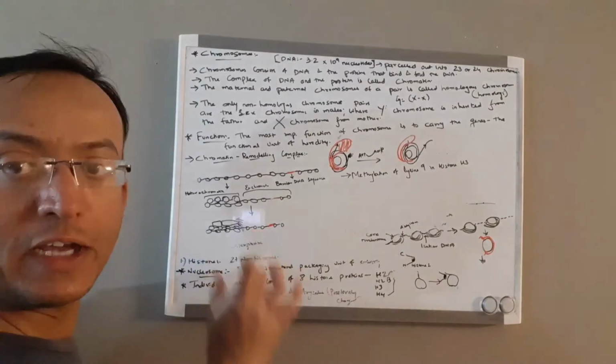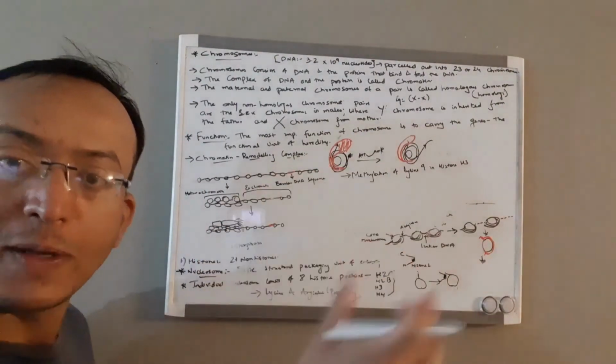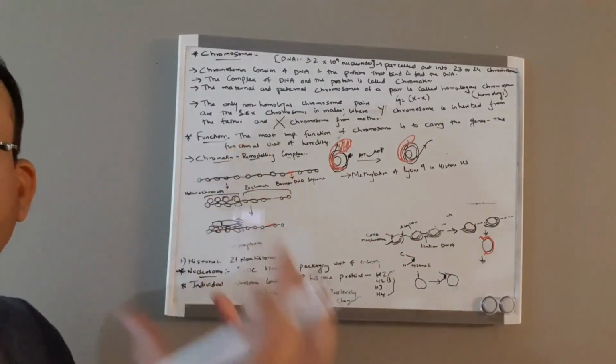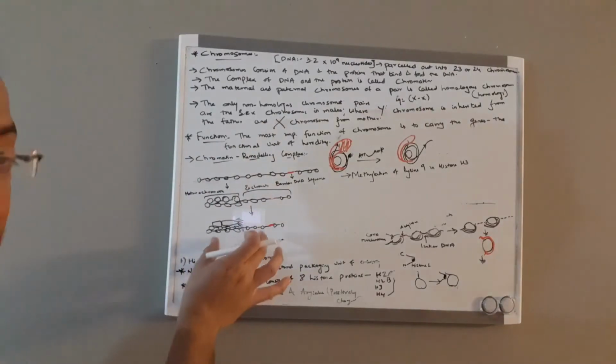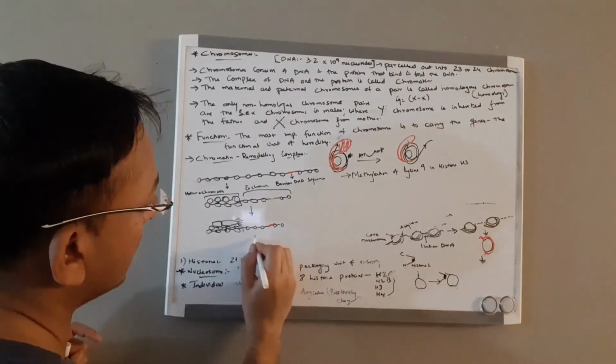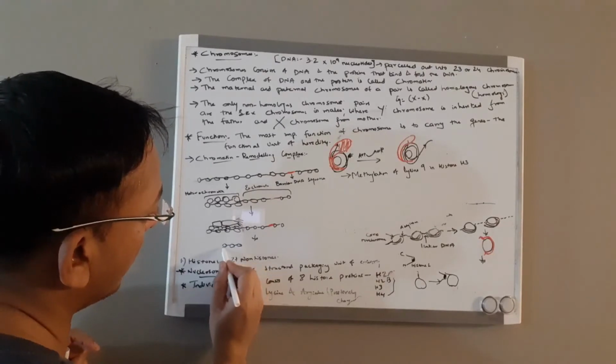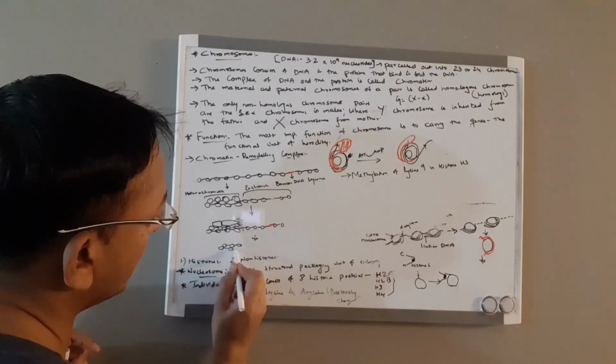And this modification in turn recruits more of the heterochromatin specific protein, causing a wave of condensed chromatin to propagate along the chromosome. So it will come, and then, for example, we have more of this, right?